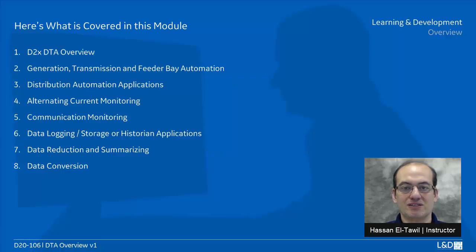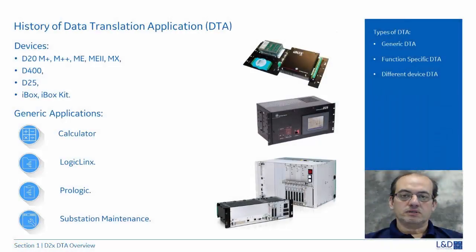Let's get to the first section on the D20, D25, D200 DTA overview. Over the years, GE has developed many applications for the automation platform. The application that we are interested in today is the data translation application, or DTA.